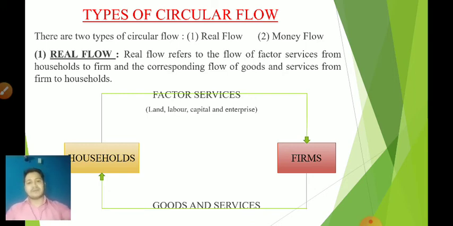So by using these factor services, a firm generates goods and services, and the firm supplies all those goods and services to the household. So this is known as the real flow.